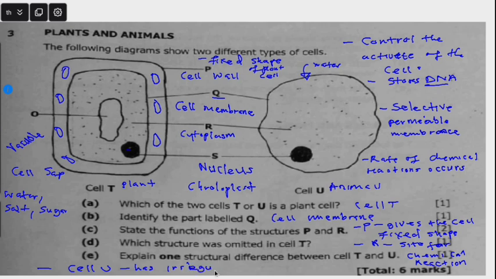Then cell T, which is the plant cell, has a fixed shape. So those are the differences. You can just choose: you can talk about the vacuole, the cell wall, or in terms of the shape. So I think that was the last one.